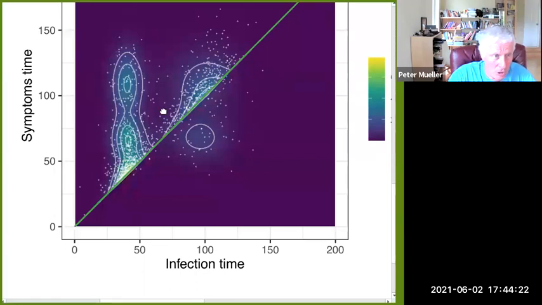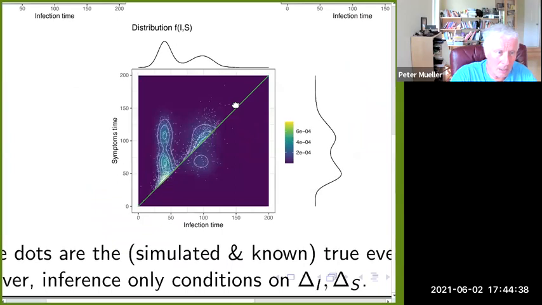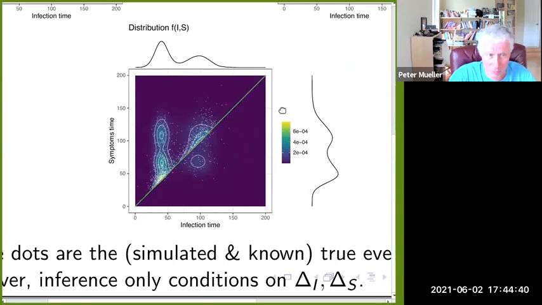The white dots in this picture are the true times to infection and true times to disease. We didn't use the actual times as data. As data, we again just used the censored times. We just used the censoring indicators, like these pairs, delta I and delta S. We used that as data, and that is what we conditioned upon.